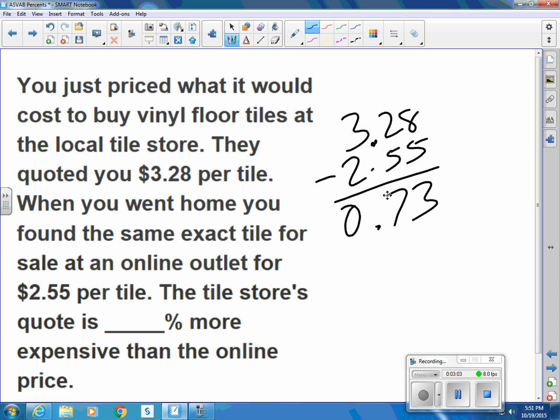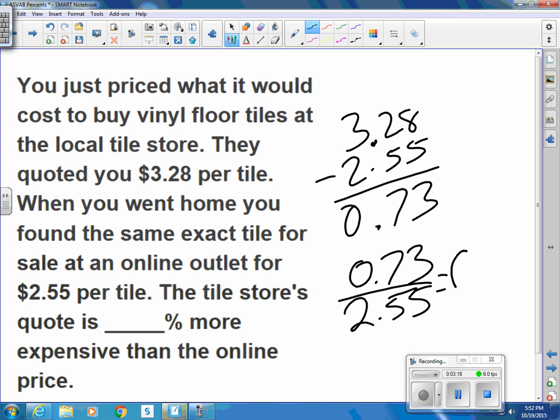And so 73 cents compared to $2.55. Calculator says 0.29. Well, that turns out to be 29%. Move the decimal 2 places after you find the decimal representation.